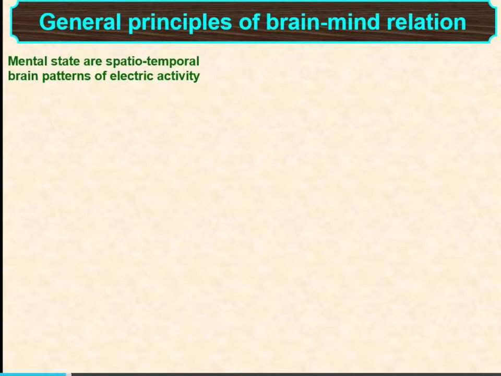This is a very general statement. I don't go into the details of what that means. I don't go into the many different possible theories of how that would be instantiated. But basically, this means that when we think or when we have emotions or when we have any mental state, including meditation or dreaming or pretty much anything that we are aware of, that corresponds to, or in fact is, spikes distributed throughout neurons in your brain.